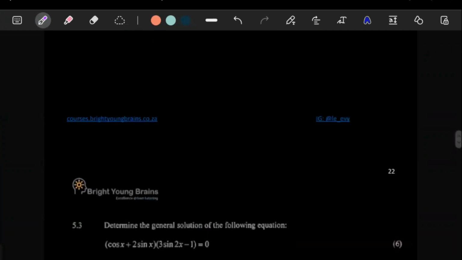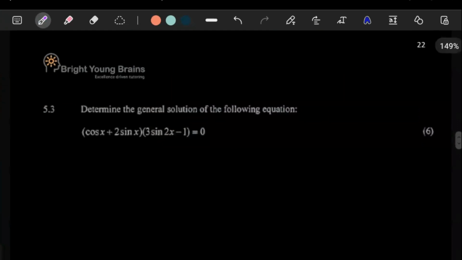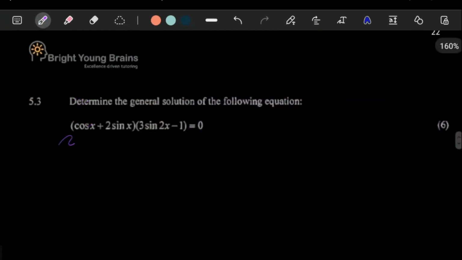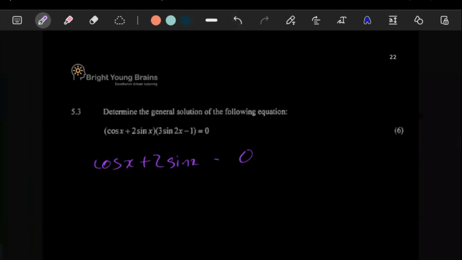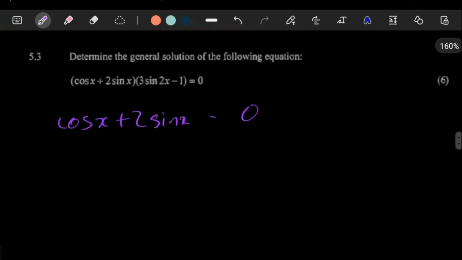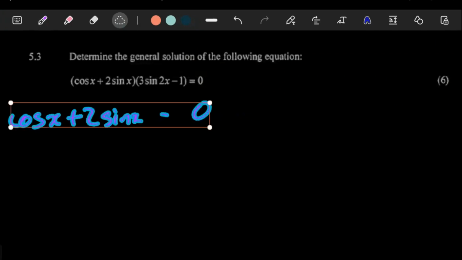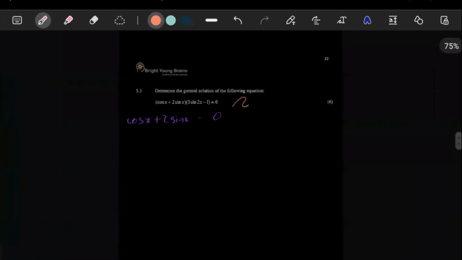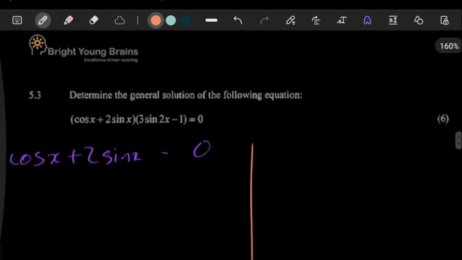The next question, out of 6, says, get the general solution. This has already been factorized, so you're going to take one bracket and make it equal to 0, and then the other bracket you're also going to make equal to 0. For the sake of not forgetting the other bracket, let's split up our page in half properly, so that on one side we do the one question and on the other side we do the other.